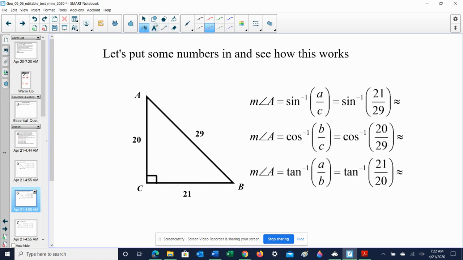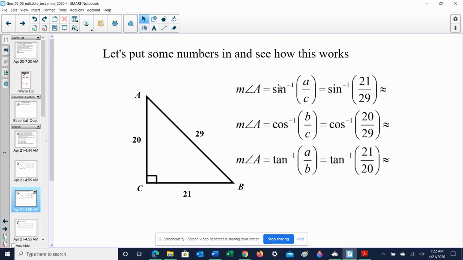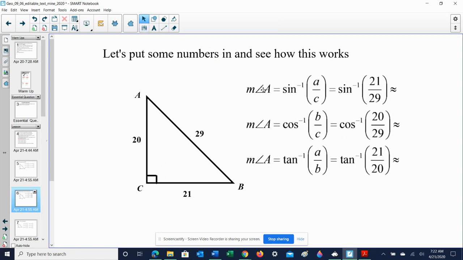So the measure of angle A. We need to find the measure of angle A. Well, the measure of angle A would be the inverse sine of A over C. Remember where A was?